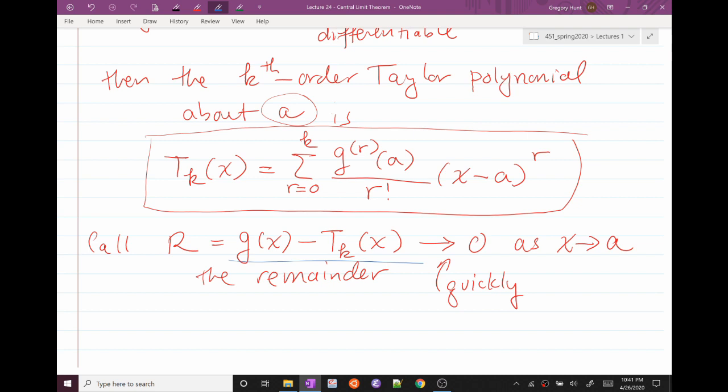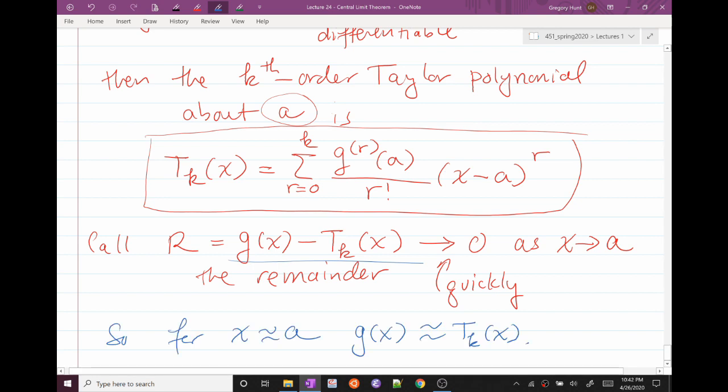So for x near a, Taylor's theorem says that g of x is approximately T_k of x. That's what it's saying, that I can approximate g as this Taylor polynomial as long as my x is somewhere near a.